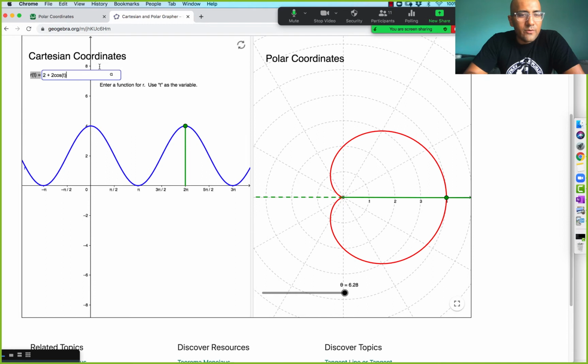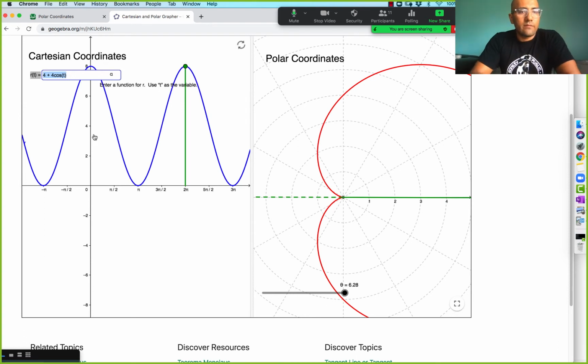Okay, well now I don't know why it's not letting me change the constant there. Maybe I have to hit refresh. Let me erase it out. I'll try 4. 4 plus 4 cosine of t.